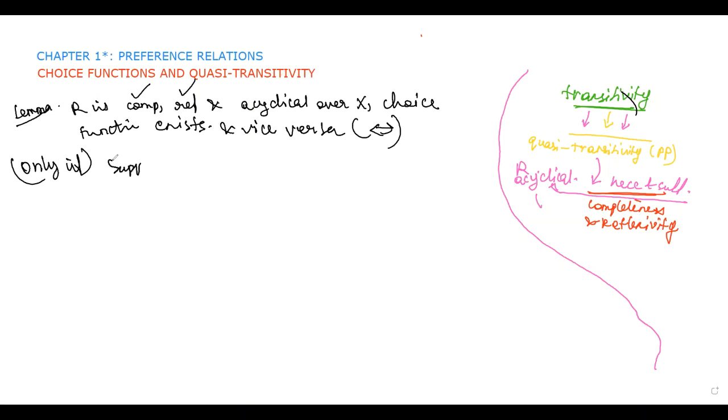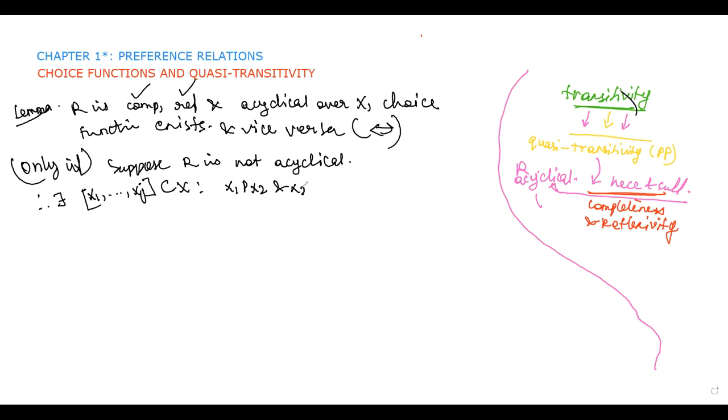So suppose R is not acyclic. Then, therefore, there exists x1 through xj, a subset of X, such that x1 P x2 and x2 P x3 and so on, x(j-1) P xj, but xj P x1.